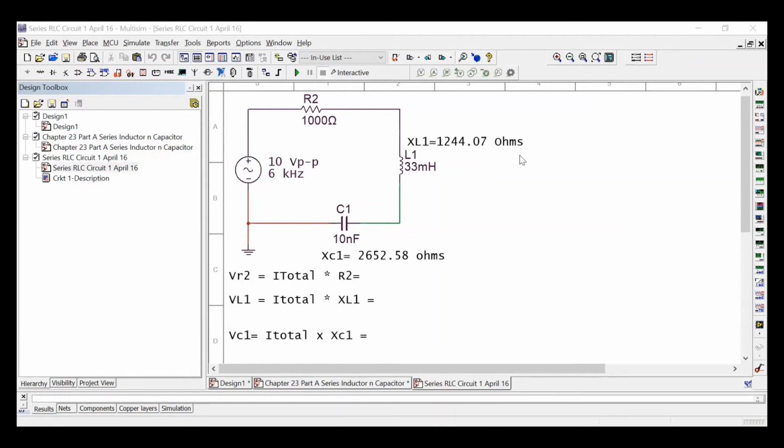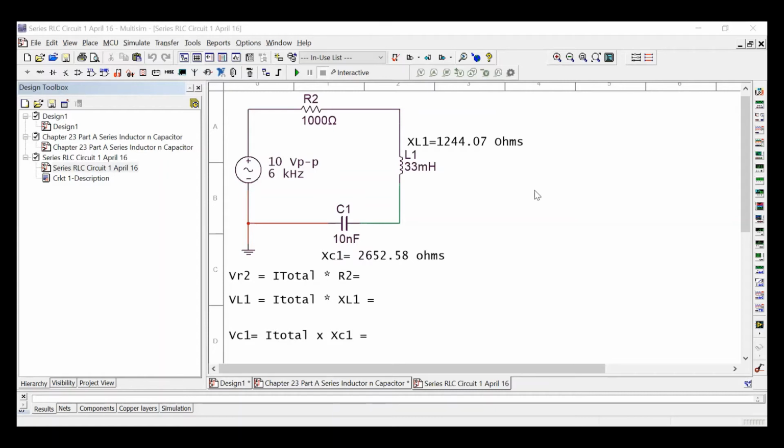Okay, the first thing I want you to do is take a look at this circuit. What do you see that's unique about this circuit? Got a resistor, a cap, and yeah, it's got all three. So it has two reactive components and a resistive component.